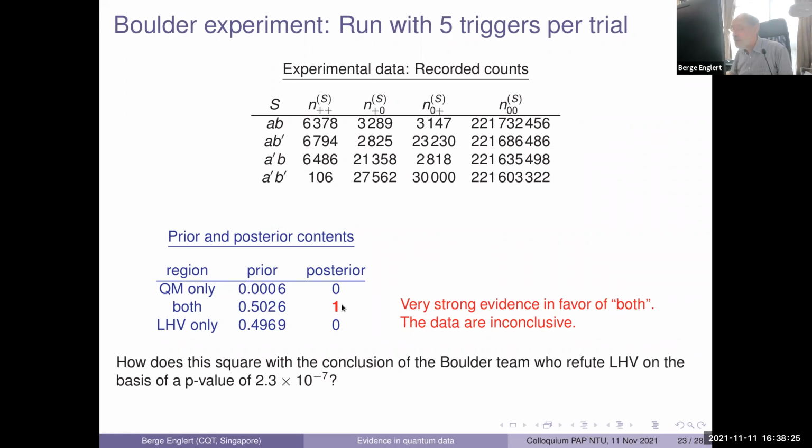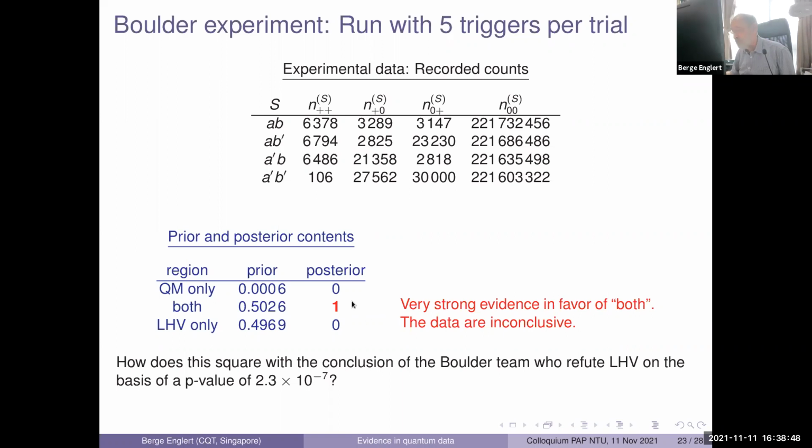We look at the data and calculate the posterior. All the probability is in the overlap region. So this would tell us that there is very strong evidence in favor of the overlap region, in favor of the both case. And so the data are inconclusive. They don't tell us whether quantum mechanics is right or the local hidden variables are right. We simply cannot tell.